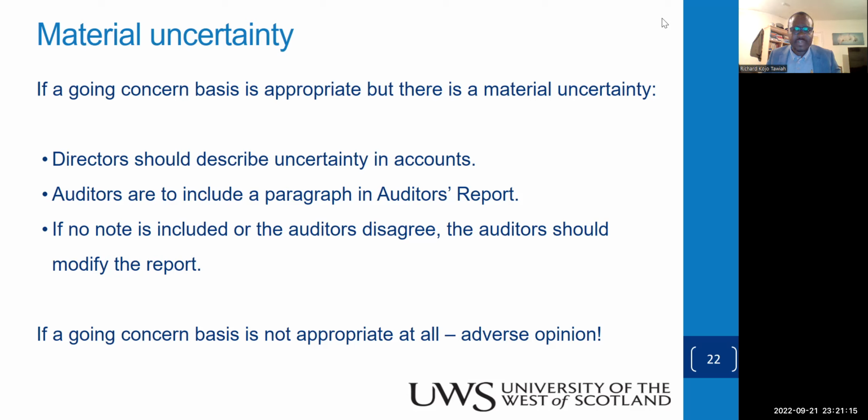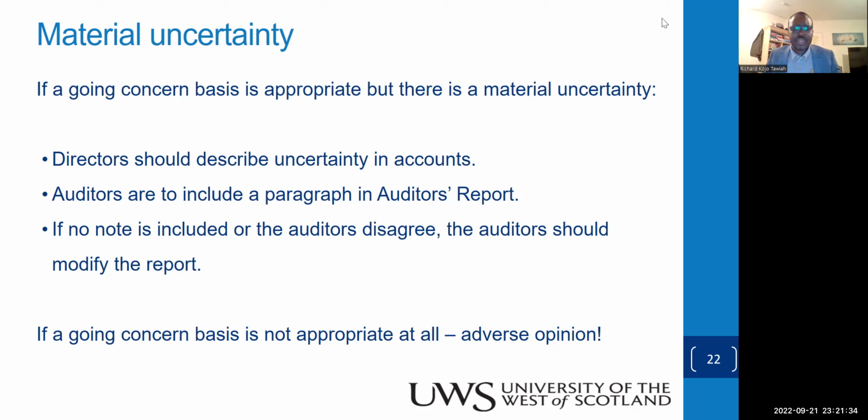If the uncertainty is pervasive, then of course we could end up disclaiming our opinion or issuing an adverse opinion. If no note is included or the auditor disagrees, then we have to modify the report. We can use an except-for, usually.